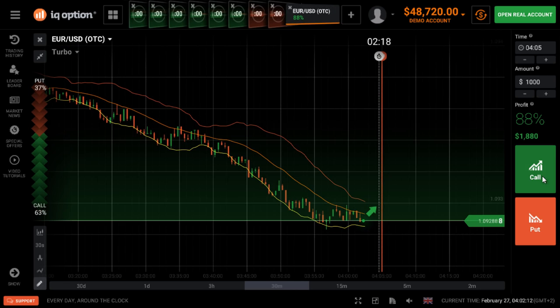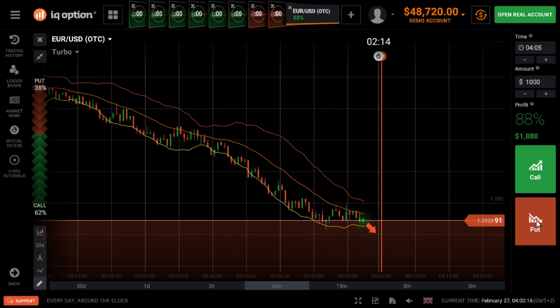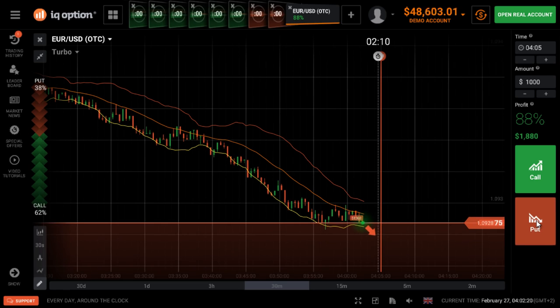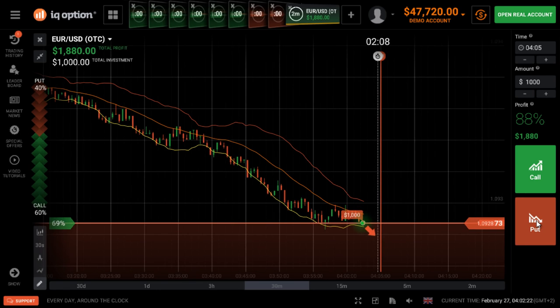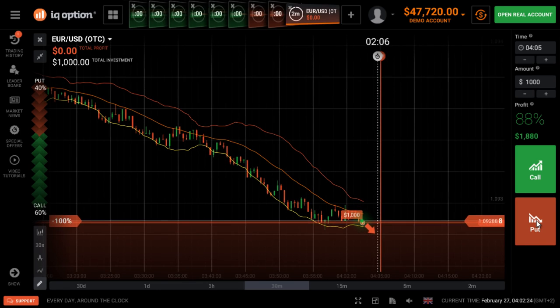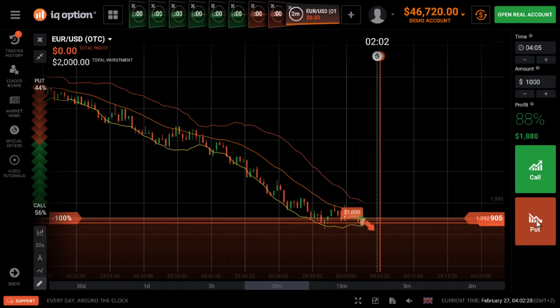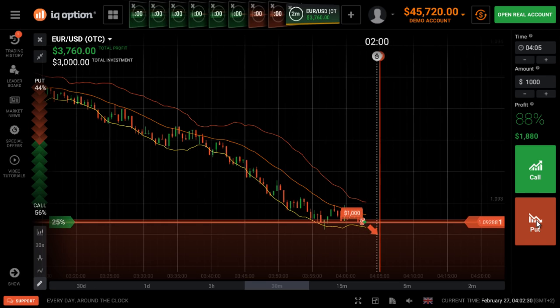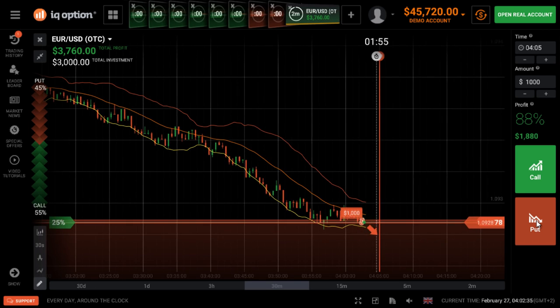Probably one more trade on this particular euro falling. I think it's going to be reversed soon, or reverse for a while, and then it may continue the euro falling again.